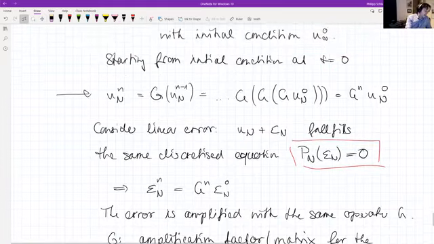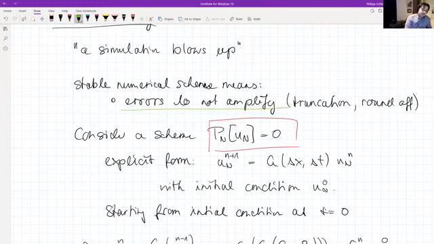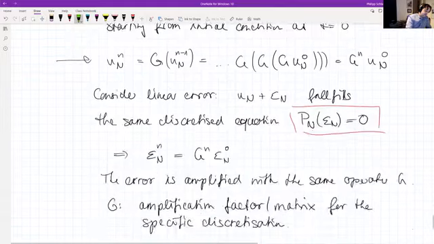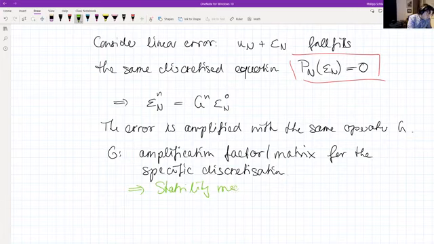Now, if you go back to our definition of stability, where we said that stability for us means that errors do not amplify, that now means for us, if we have an amplification factor for a specific numerical scheme, that stability means that some norm of this G needs to be lower or equal to 1 for errors not to amplify.